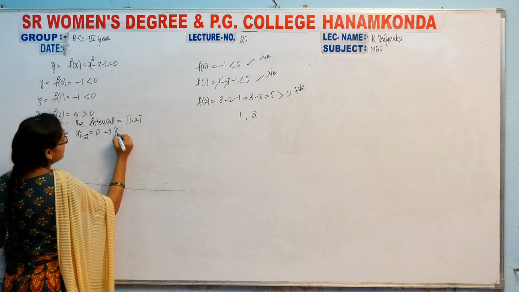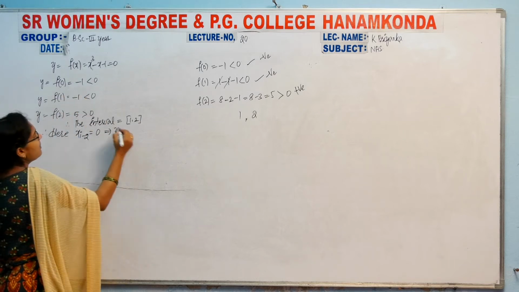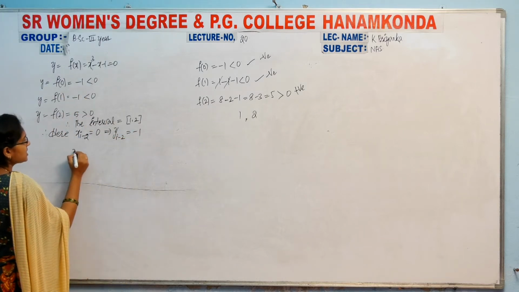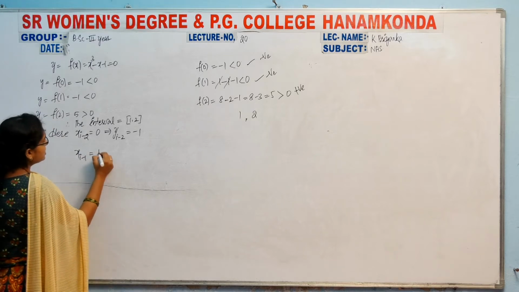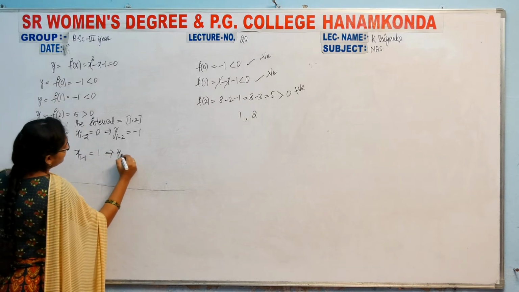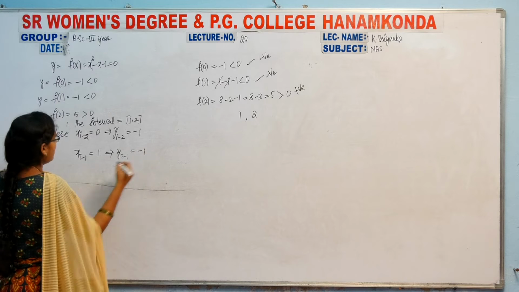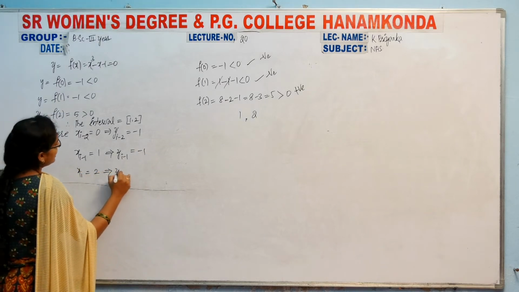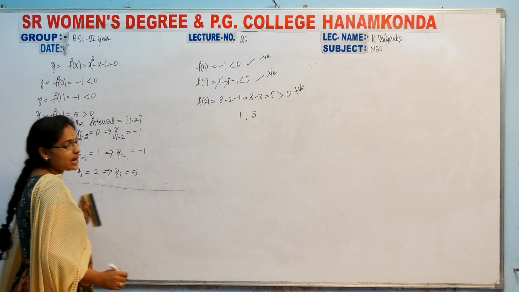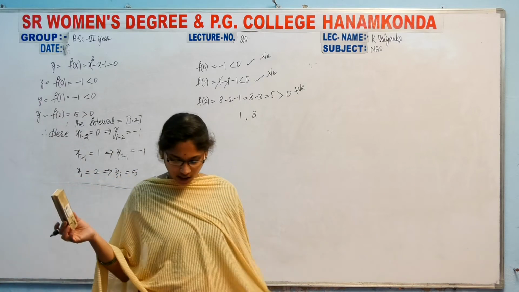Okay. Now xi minus 1 means 0, I am taking xi minus 2. Then what will be the yi minus 2? Minus 1. Next, xi minus 1, that is 1. Then what will be the yi minus 1? Minus 2. Xi is 2. Yi is 5. Now here what I have are the 3 points.